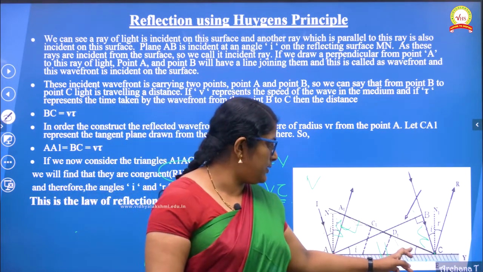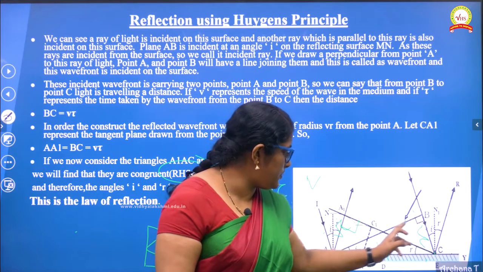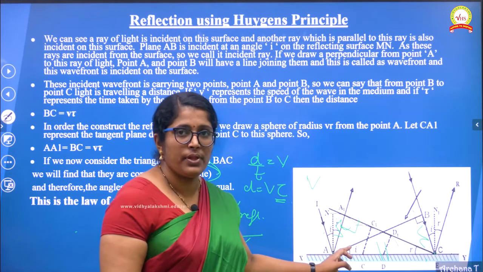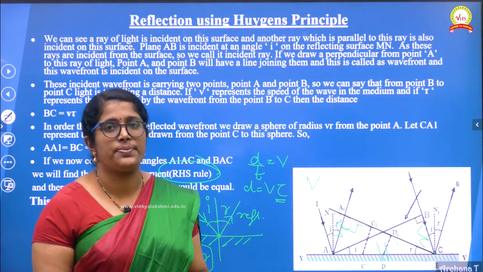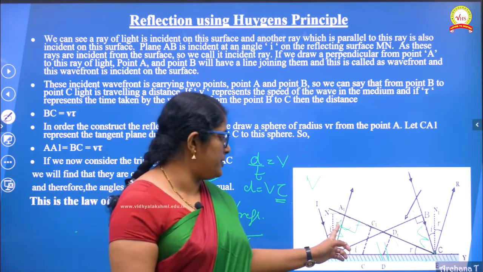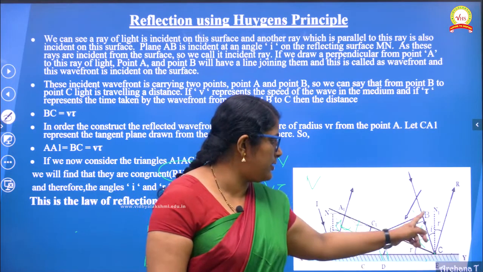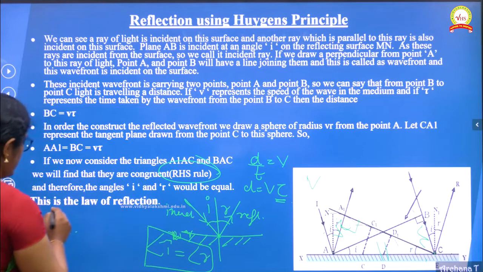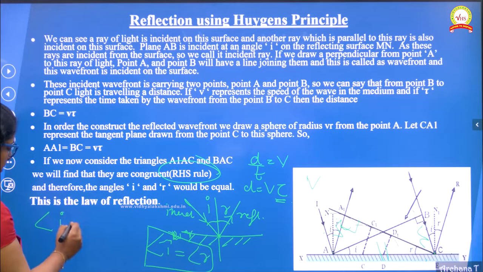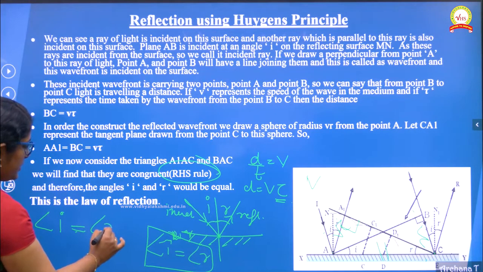Opposite to this is R, opposite to this is I. Both should be equal because it obeys the RHS principle. What does it mean? According to the RHS congruency, angle I is found to be equal to angle R.